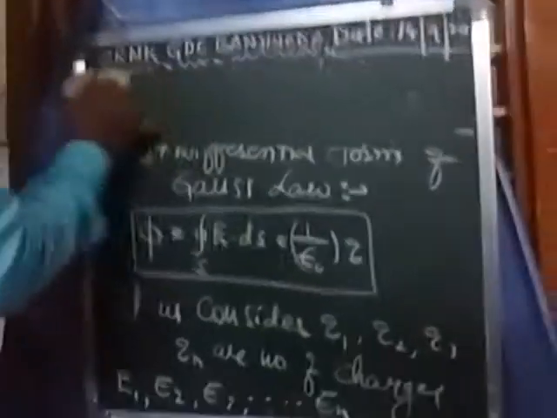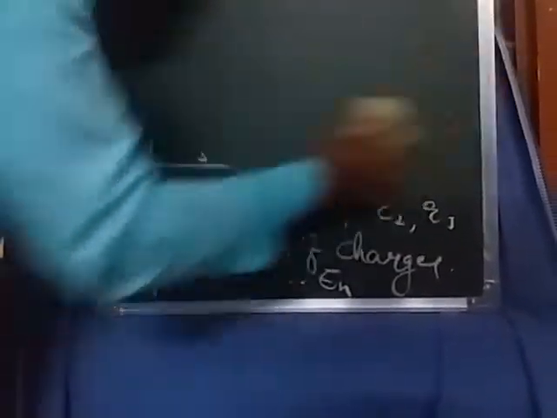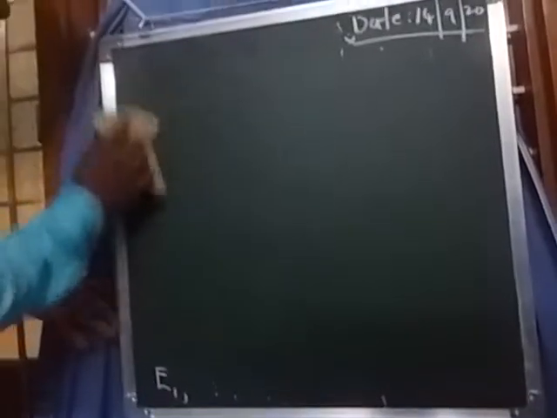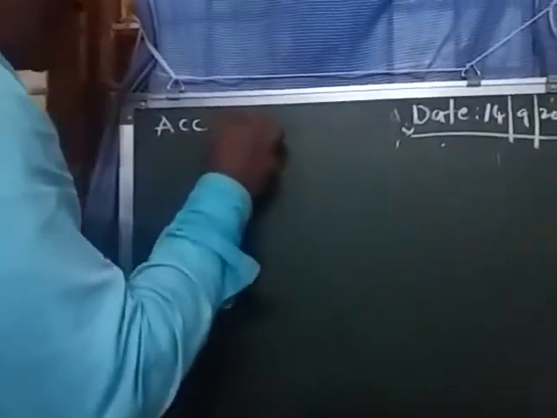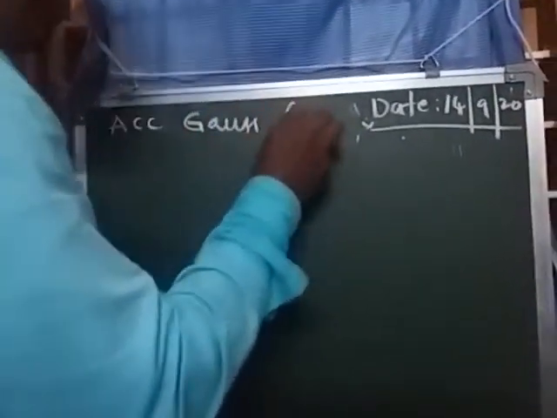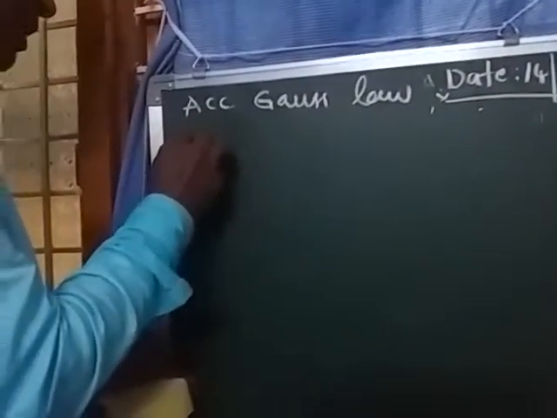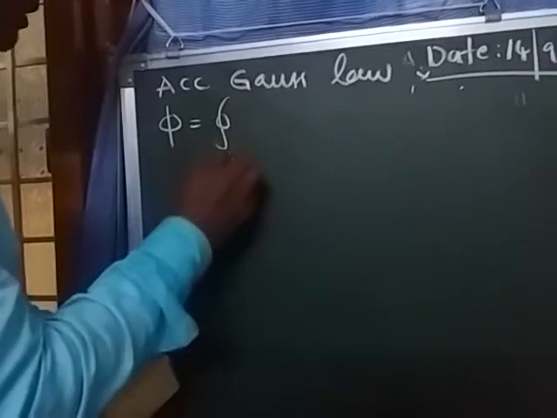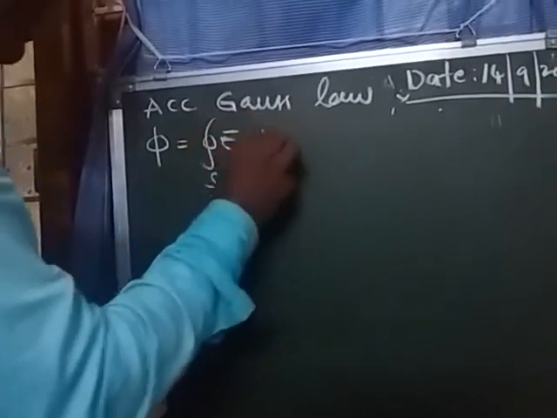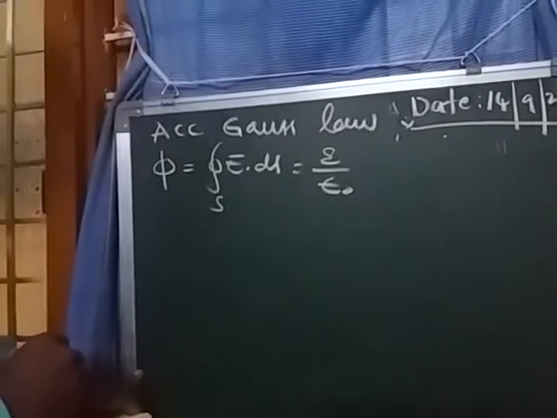We apply the Gauss law. According to the application of Gauss law, the total electrical flux is the surface integral over S of E dot dS equal to q by epsilon naught.